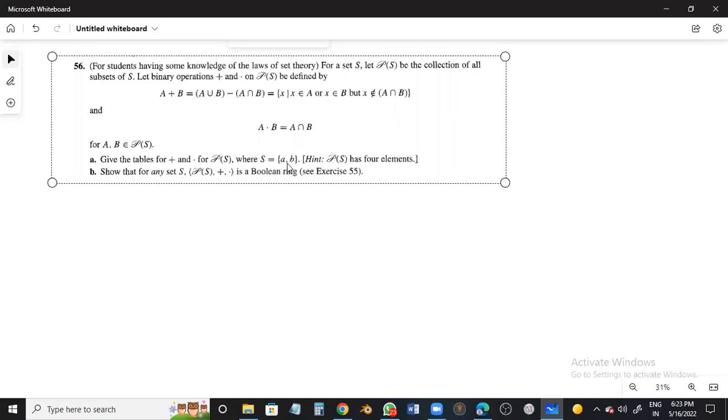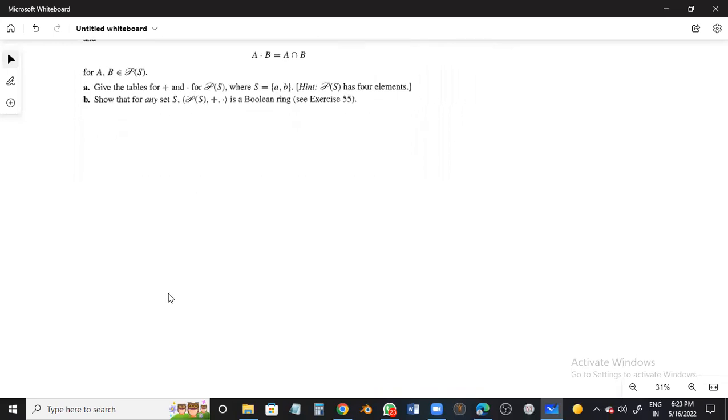The set given to us is a very small set with two elements. I think all of you remember what is meant by a power set. See here, S contains only two elements, A and B. So what is the power set of S?